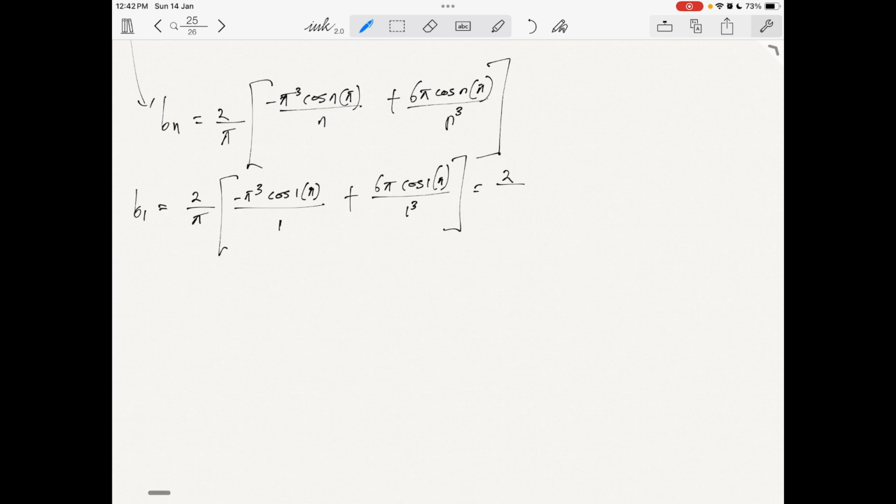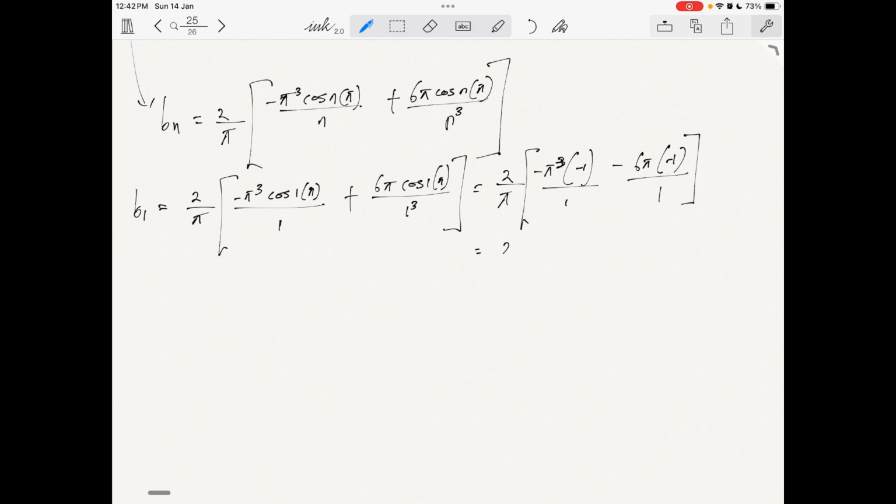Now we have 2 over pi times minus pi cubed, and cos pi is minus 1, everything divided by 1, minus 6 pi, and cos pi also is minus 1, divided by 1.